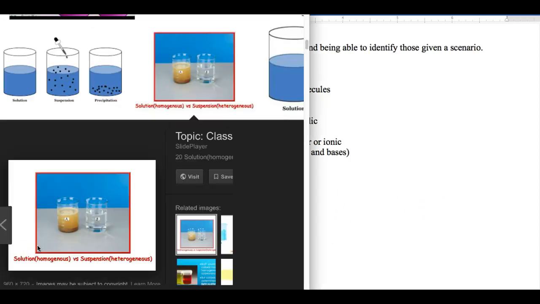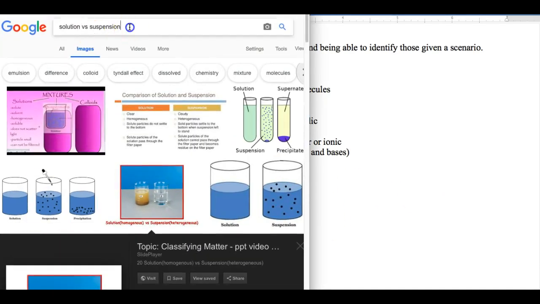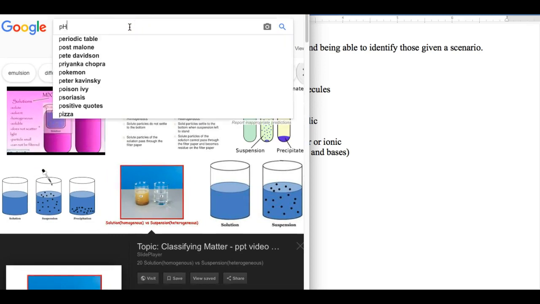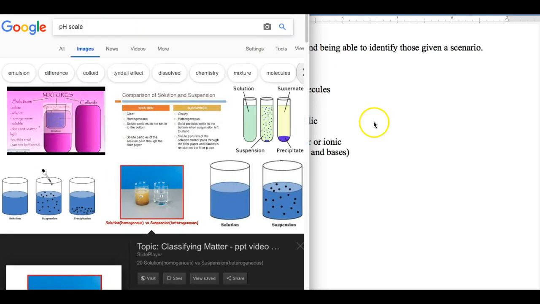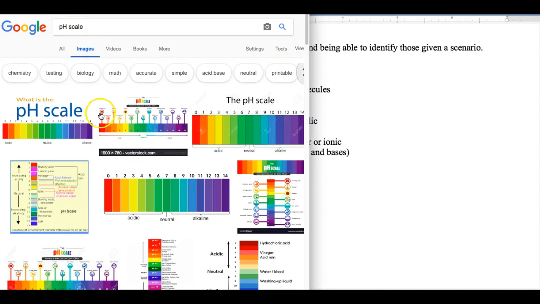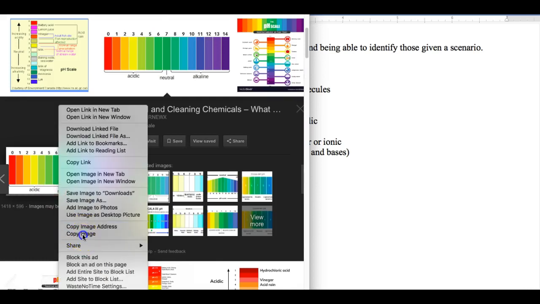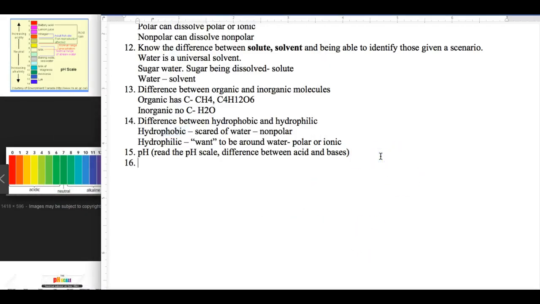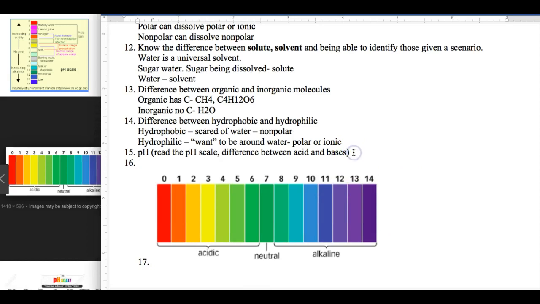Now, last one. Hooray! pH. The pH scale is a measure of hydrogen concentration.